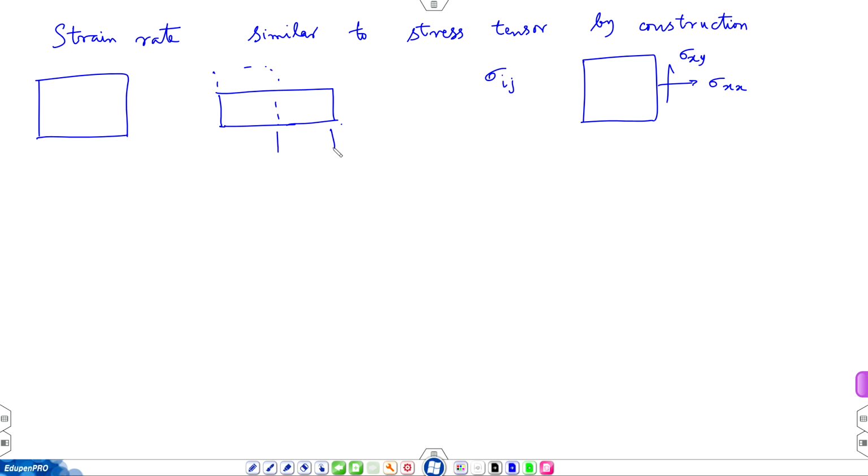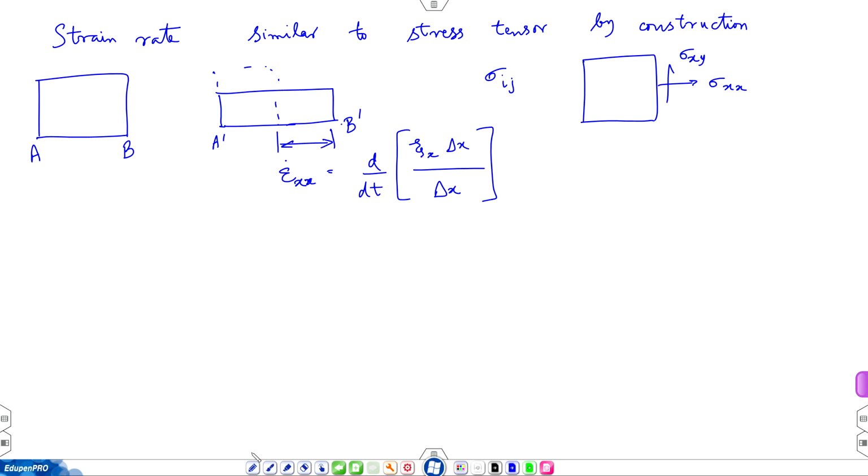This elongation is what we had defined as epsilon dot x x, the time derivative of this extra increment, that is elongation divided by the initial length. This ratio, you understand, is the strain, psi is the displacement of the reference point A prime. So, the extension of this element in the x direction correlates with sigma x x.